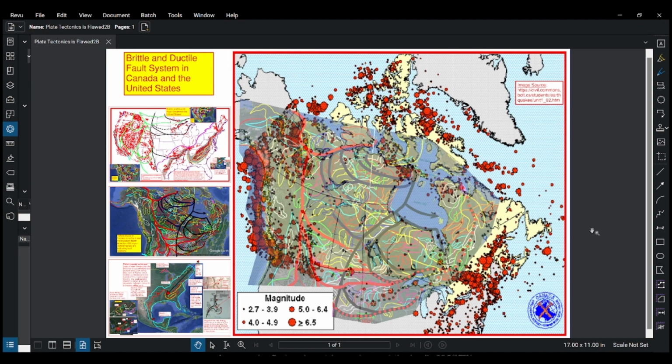Okay, so in a similar manner, I'm showing basically Canada here, and those fractals which are overlaid. You can see them a little bit faded out there, but they're there. And the fault system is shown, and it's somewhat related to where the earthquakes are, which are shown in the red circles.